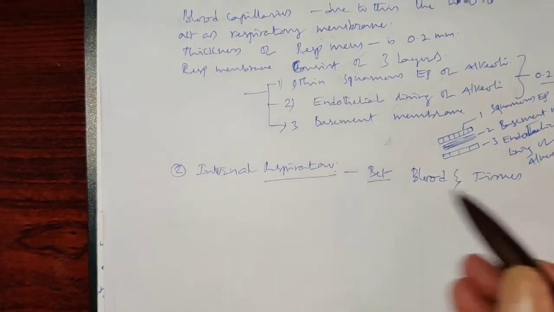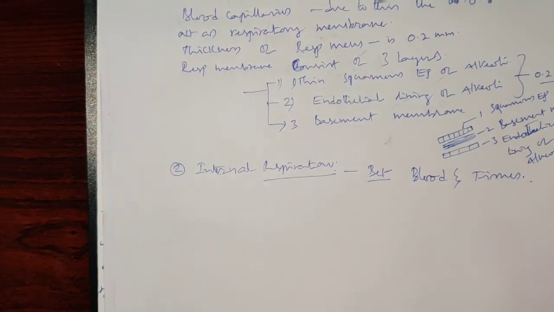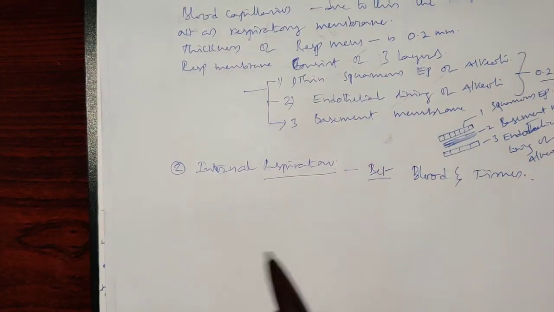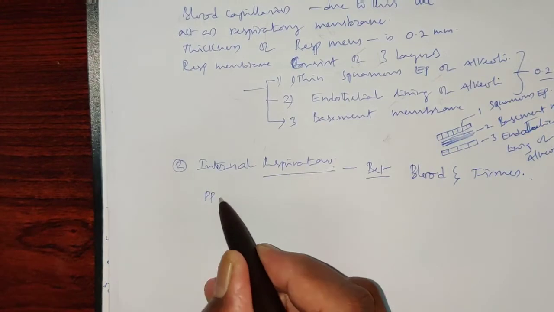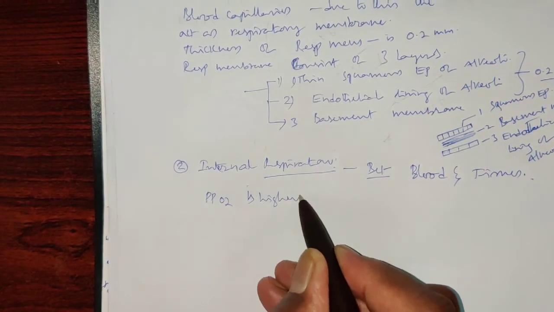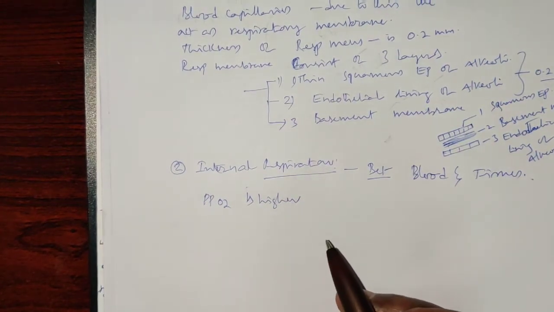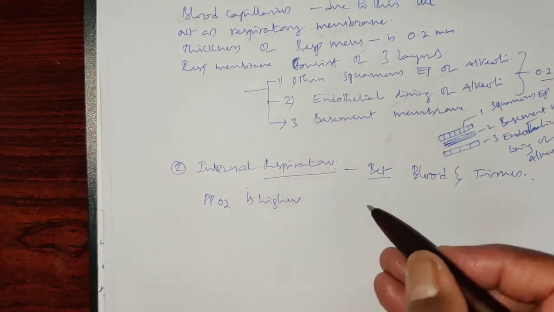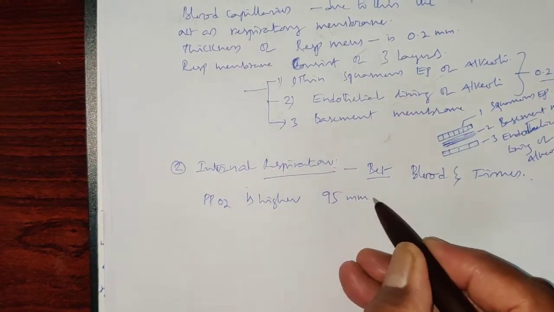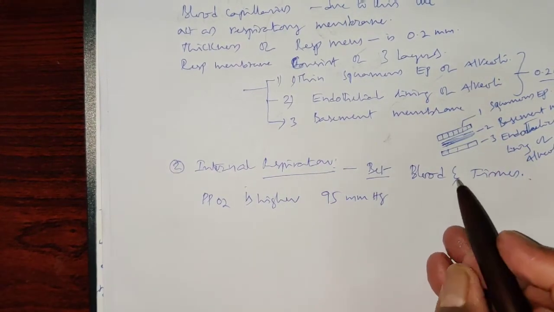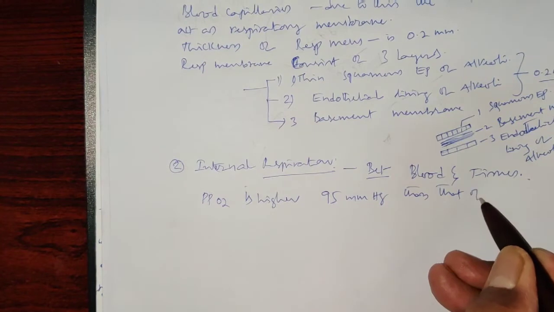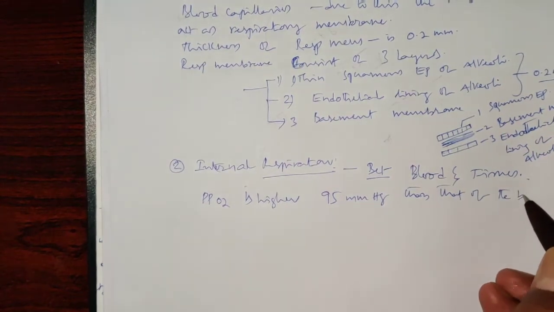The partial pressure of oxygen is higher, that is 95 mm of mercury, than that of the body cells.